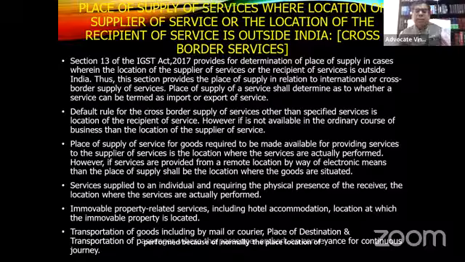So an intra-state transaction will be treated as an intra-state transaction, and CGST plus SGST will be levied. Similarly, in case of immovable property also, the place where the immovable property is situated is the place of supply. So there also CGST and SGST will be levied.